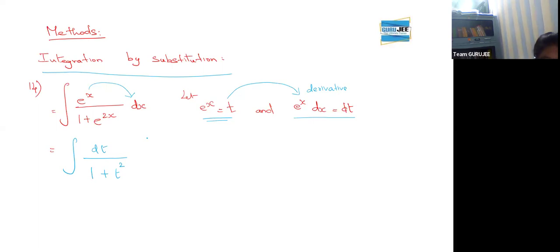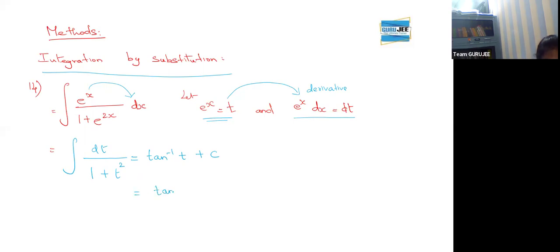Check formula number 12: integral dx by 1 plus x square. Formula number 12, then it will be equal to tan inverse of t plus c. Now replace the value of t.